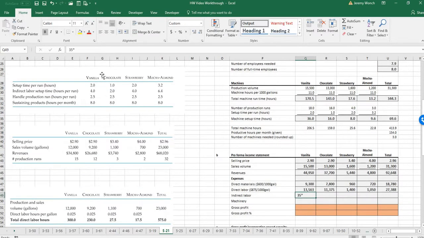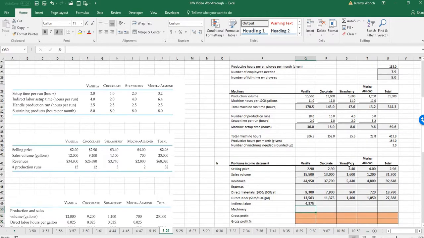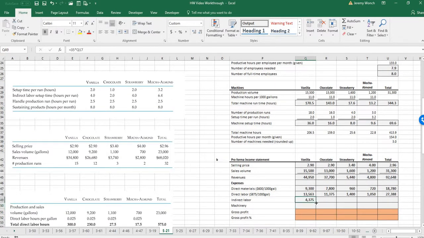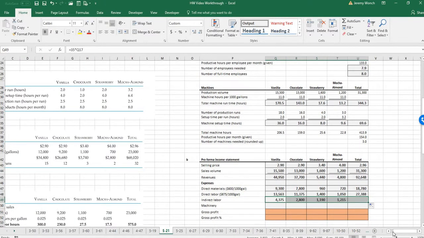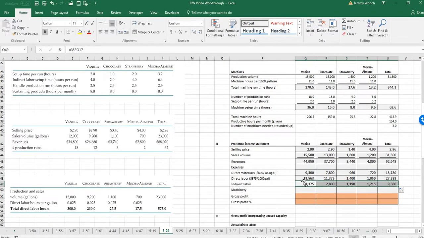Put an equal sign here. So 35 times total indirect labor. All right, here we go. So now we have our total indirect labor cost.